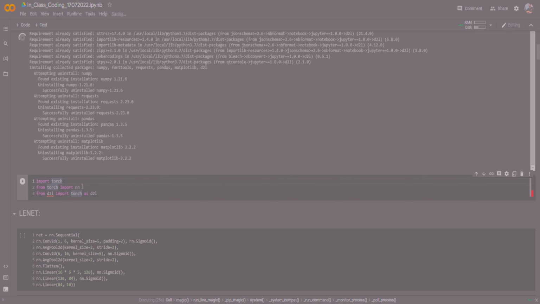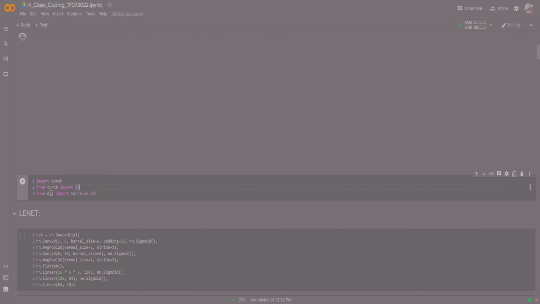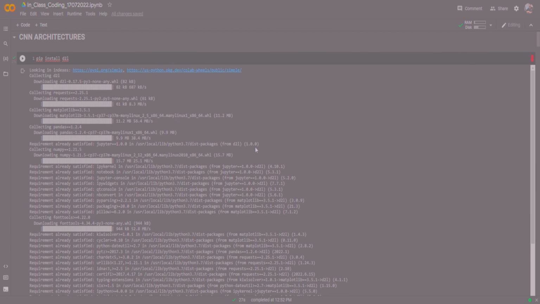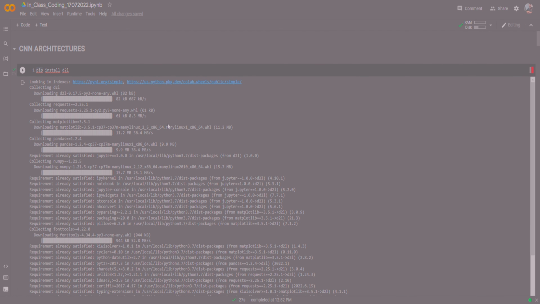Whenever I say bring me this, it will throw up an error saying that I don't have it, even on the Python installation present on the Colab side. So we need to do this. That's our first step. Anything which is not present on the Colab side, we can install here.